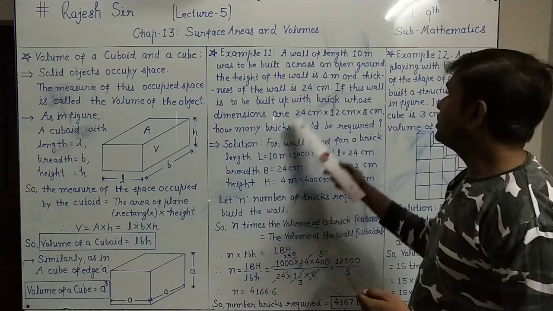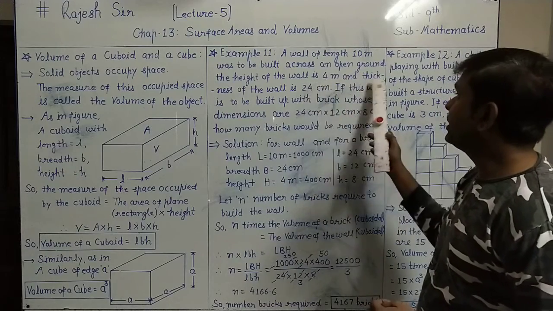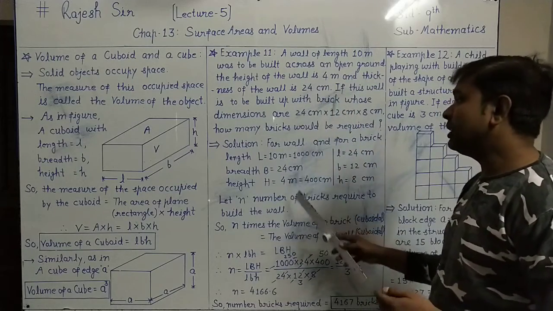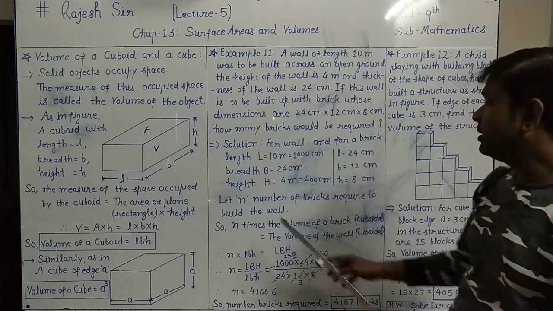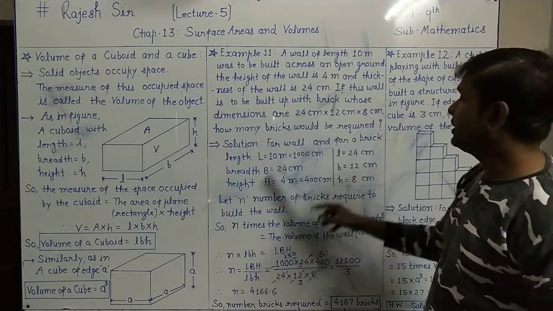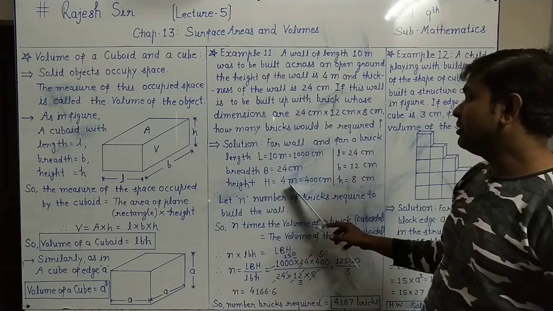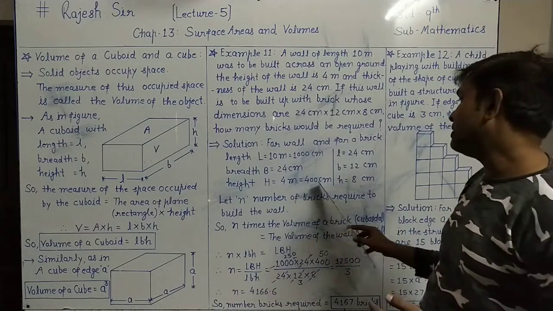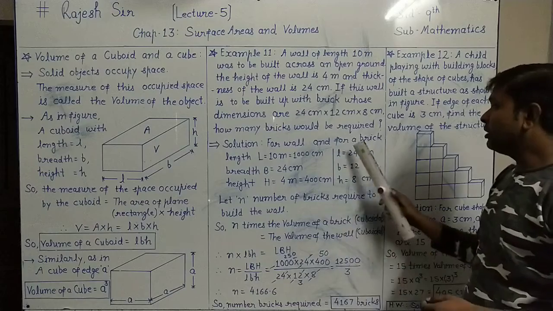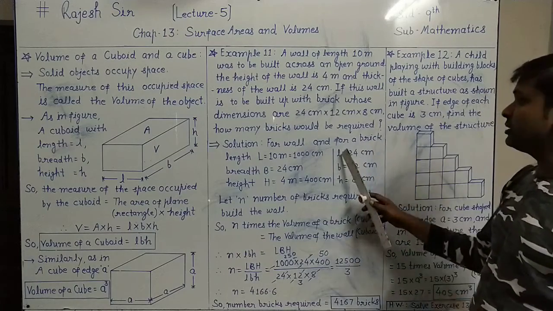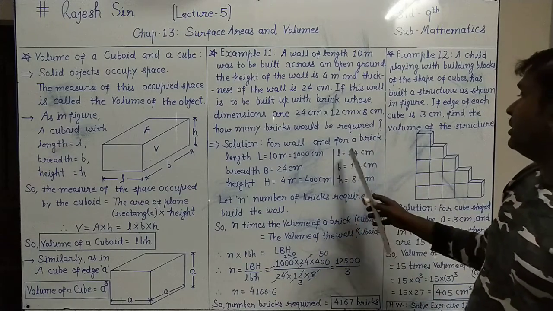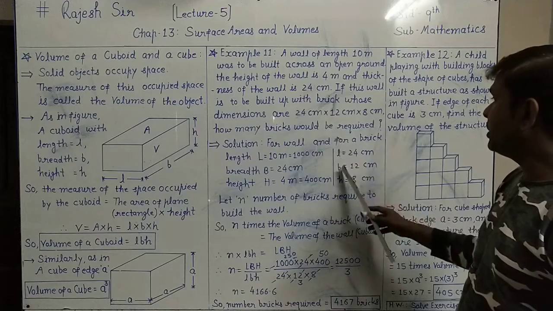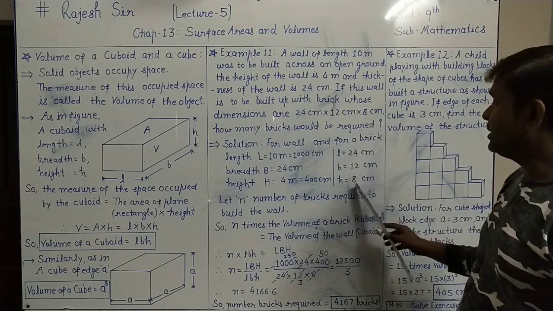Breadth means thickness, which is 24 centimeter, and the height is 4 meter, capital H, converted to centimeter by multiplying 100, 400 centimeter. For a brick, the length is 24 centimeter, breadth 12 centimeter, and height 8 centimeter.